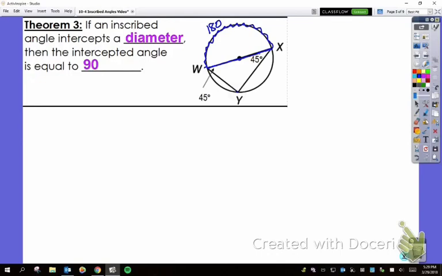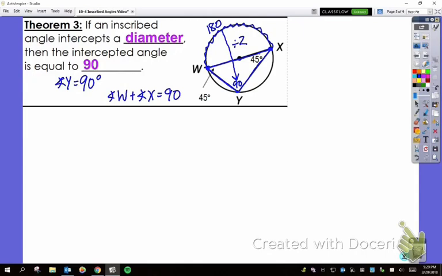This angle, angle Y, is inscribed because the vertex is on the circle. And its endpoints are on the diameter, which means we would go 180 divided by 2, which would give us 90. So we know that angle Y would equal 90 degrees. And we also know, because it's a triangle, that angle W plus angle X would equal 90 because our triangle has to have 180 degrees in it.